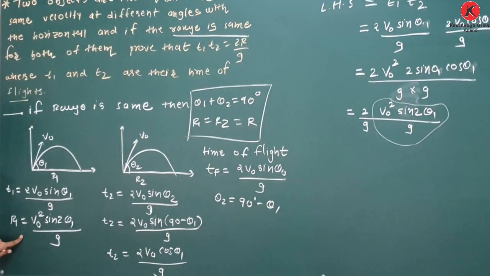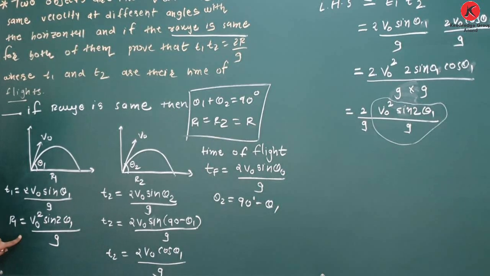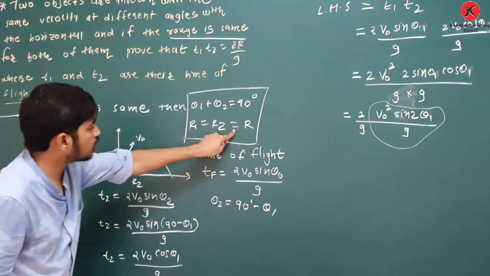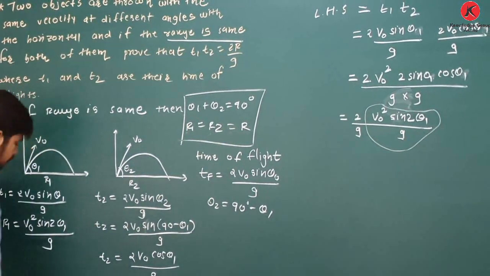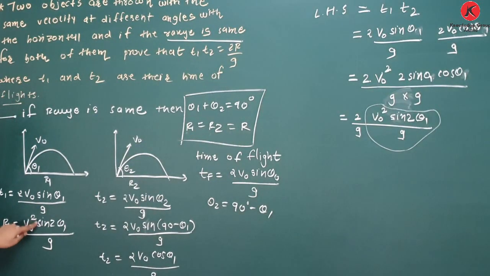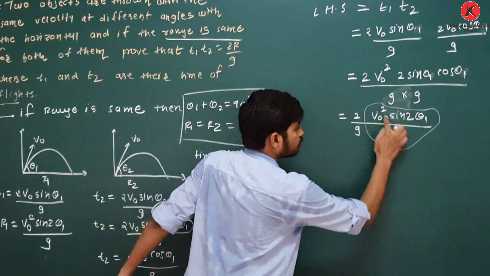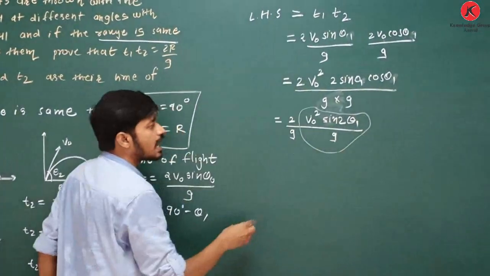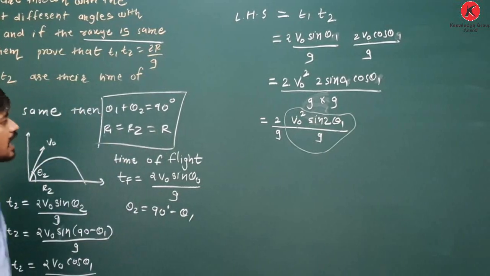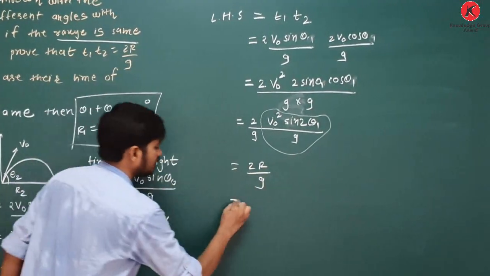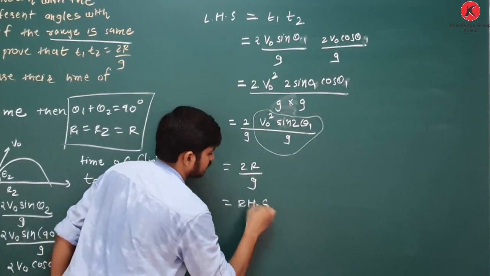And as the range is the same, R1 is equal to R2 is equal to R. So I can replace V0 squared sin 2 theta 1 upon g by R. So it is 2R upon g, which is the RHS.